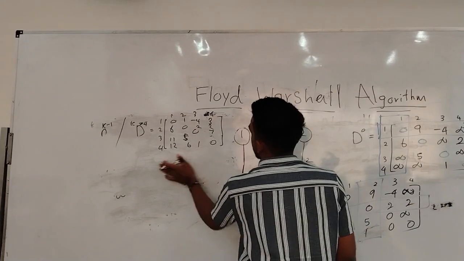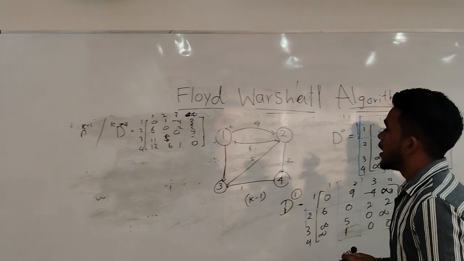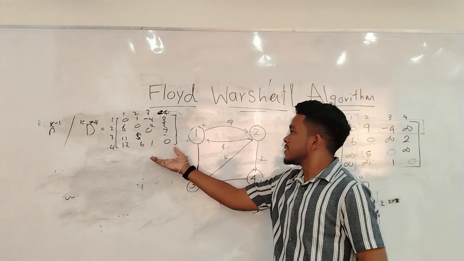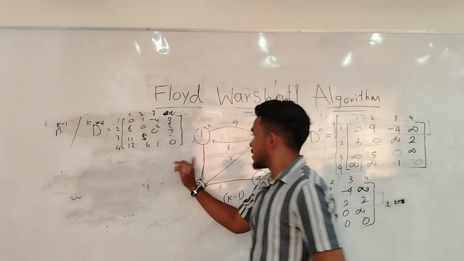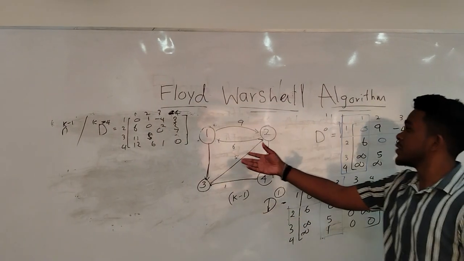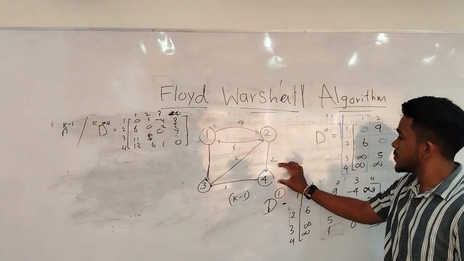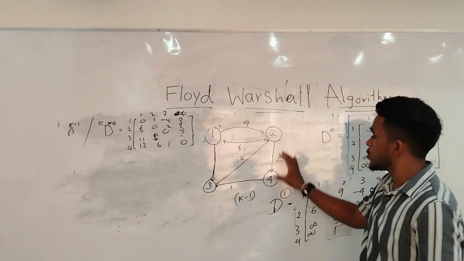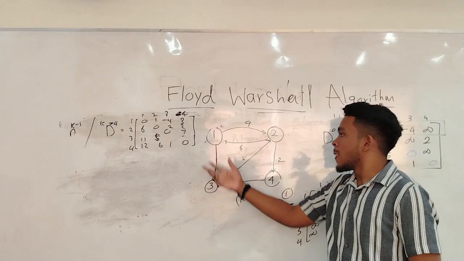So this is the final output we get. These are the shortest ways we can go from this vertex to these points, to 1, to 2, to 3, and to 4.